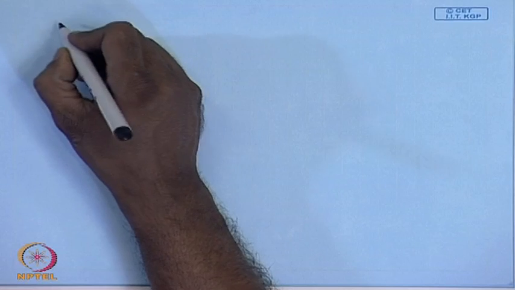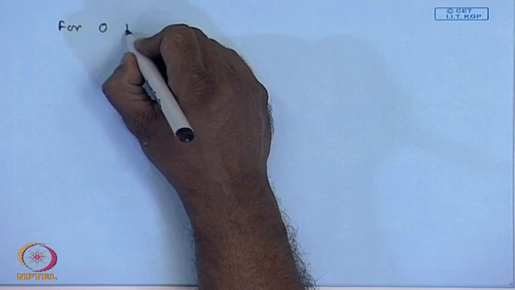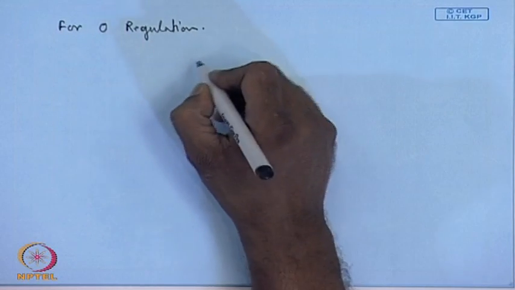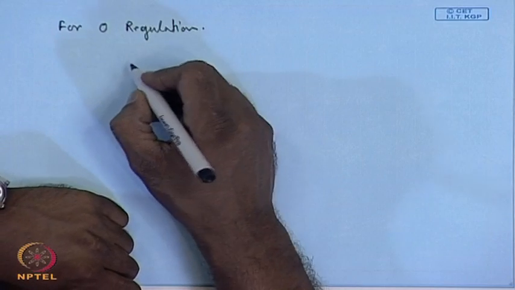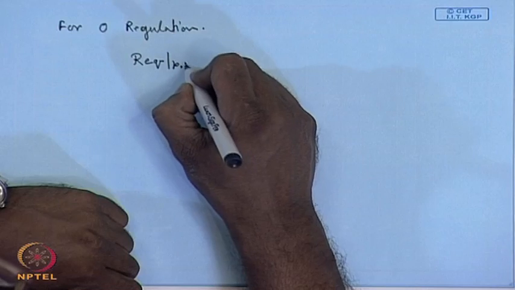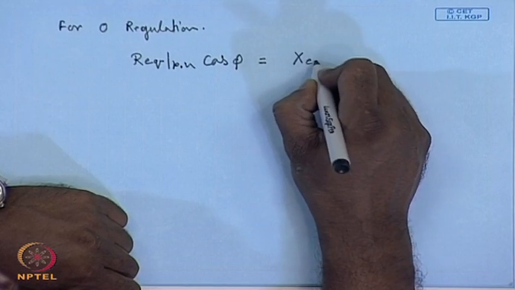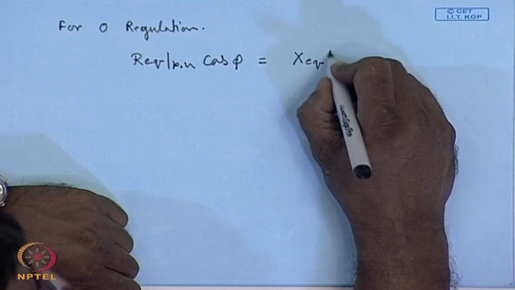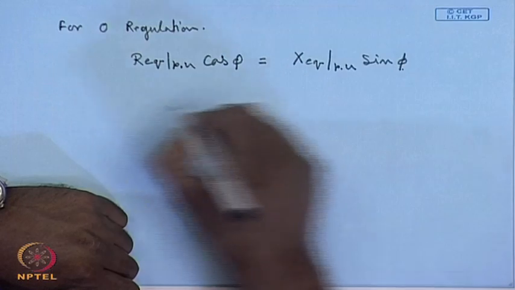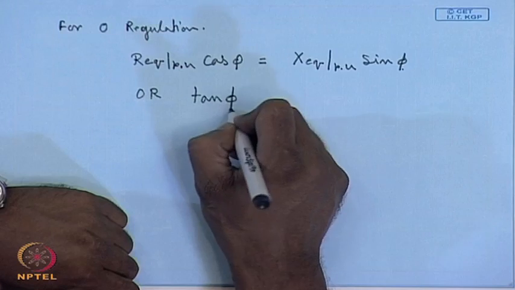So, for 0 regulation, we should have Req cos phi equal to minus Xeq sin phi, or tan phi equal to minus Req per unit by Xeq per unit.